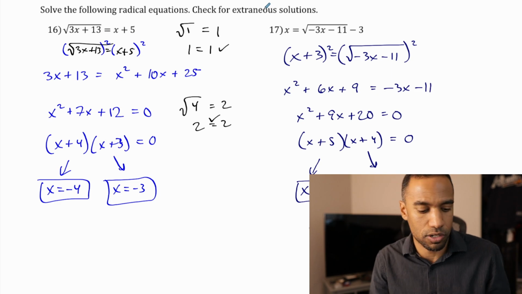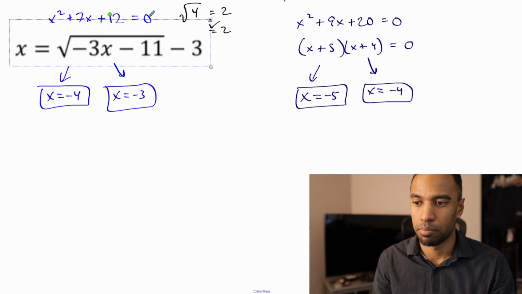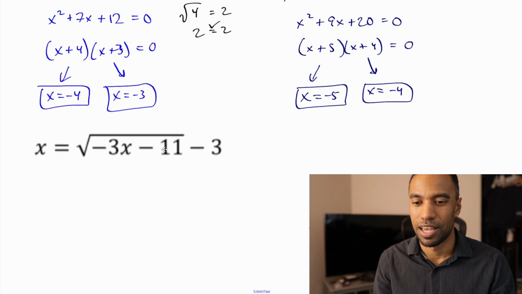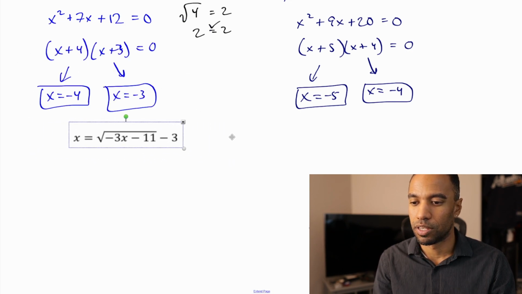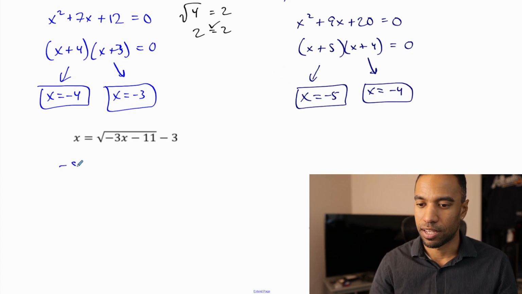I'm going to rewrite this thing. Actually, let's do a copy and paste right here. Okay, so I have this guy right here. Let's try and substitute negative 5 into there. Negative 5 for x equals the square root of negative 3 times negative 5 minus 11, and then minus 3.